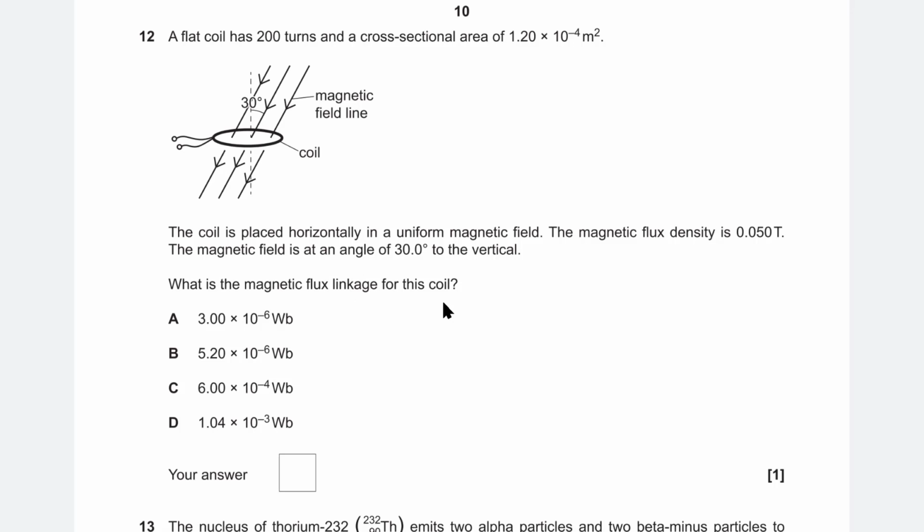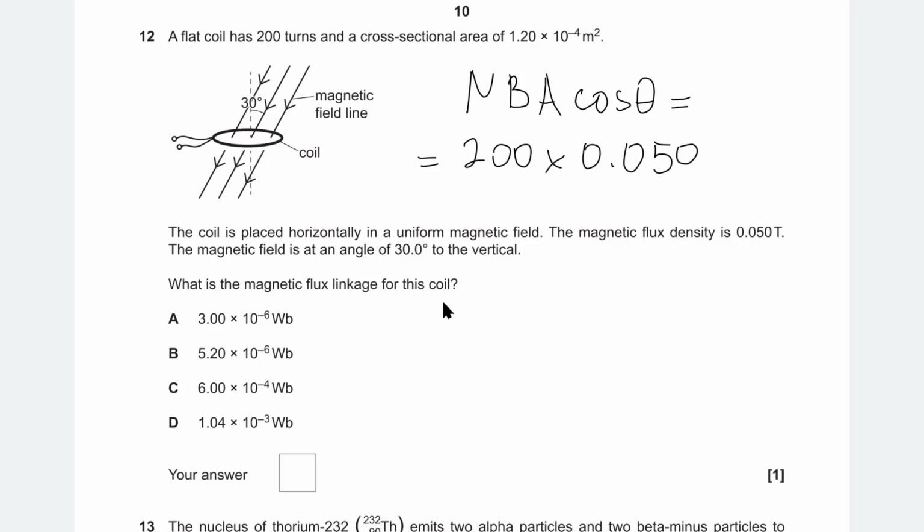Well, the magnetic flux linkage is going to be given by the number of turns times the flux density times the area times cosine theta. Number of turns is 200, multiply that by the flux density 0.050, multiplied by the area 1.2 times 10 to the power minus 4, and then multiply by the cos of the angle, which is 30 degrees.